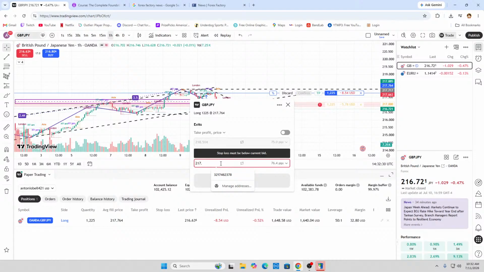I'm paper trading right now. I swear I should open my account by the end of this month, yo. Stop loss must be below current bid. Fuck it, 0.2. Bro, it's way below current.